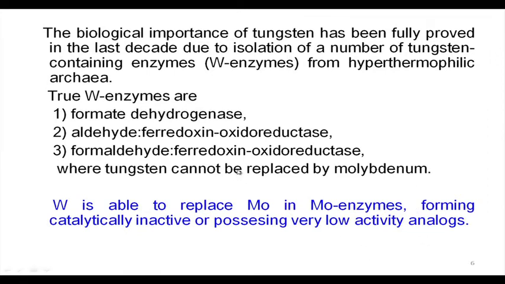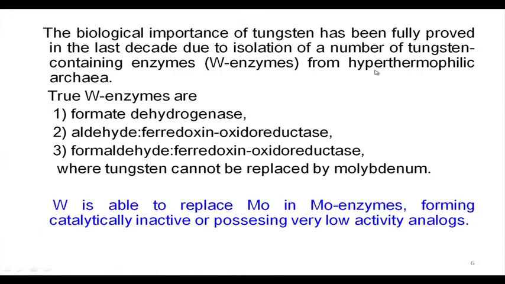So, like molybdenum enzymes, so far not so many tungsten enzymes have been characterized in detail, and during the last, say, decade or 15 years or so, some number of tungsten containing enzymes, we call them W enzymes, the tungsten bearing enzymes, are hyperthermophilic from archaea, because they are stable in the high temperature region also.